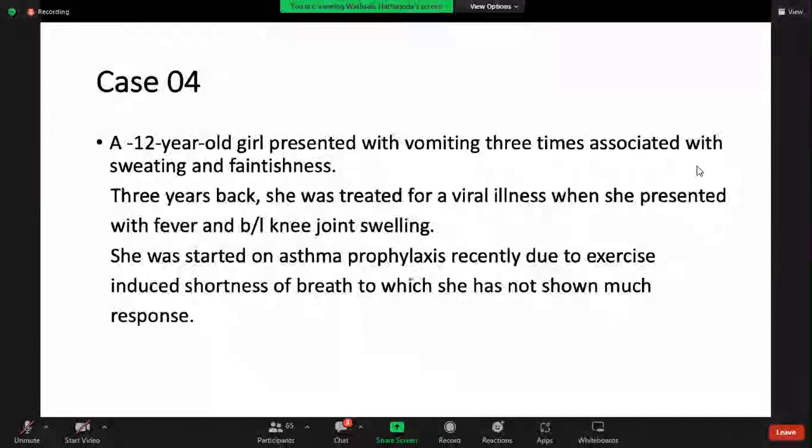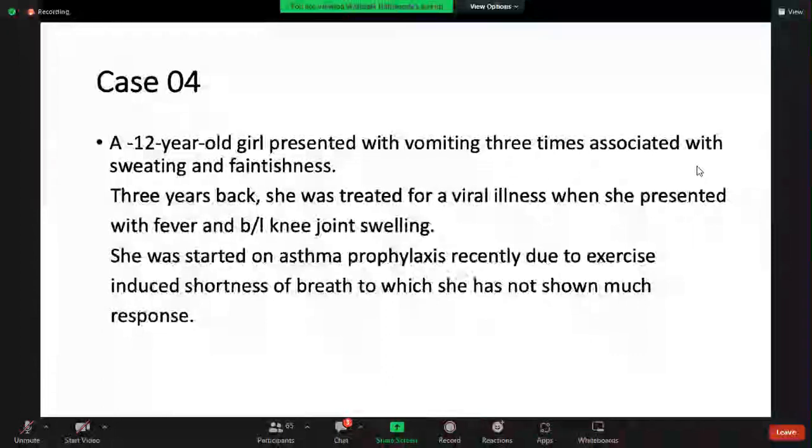So what happened was this rheumatic fever was missed during that admission, and now she's coming with a complication, because whoever managed this child missed that. So this is a clue. I know this is not a typical presentation, but they will tell you, okay, had joint swelling.